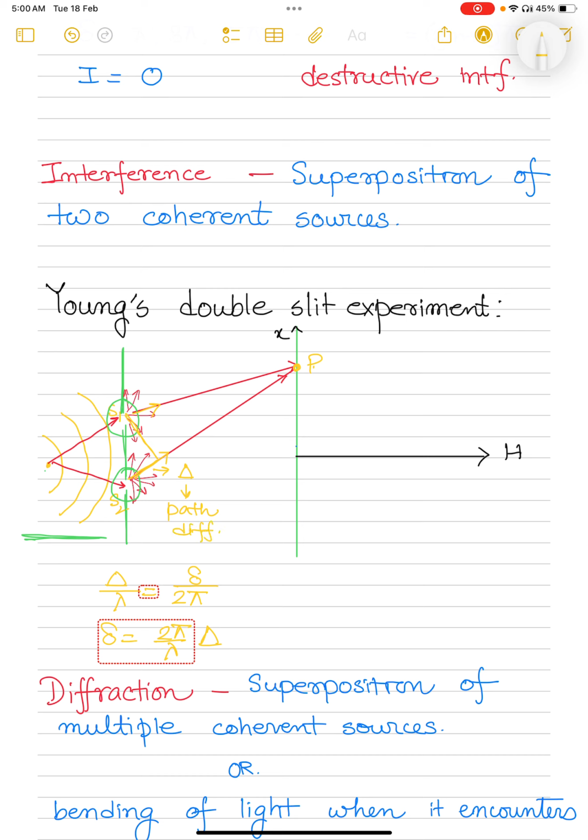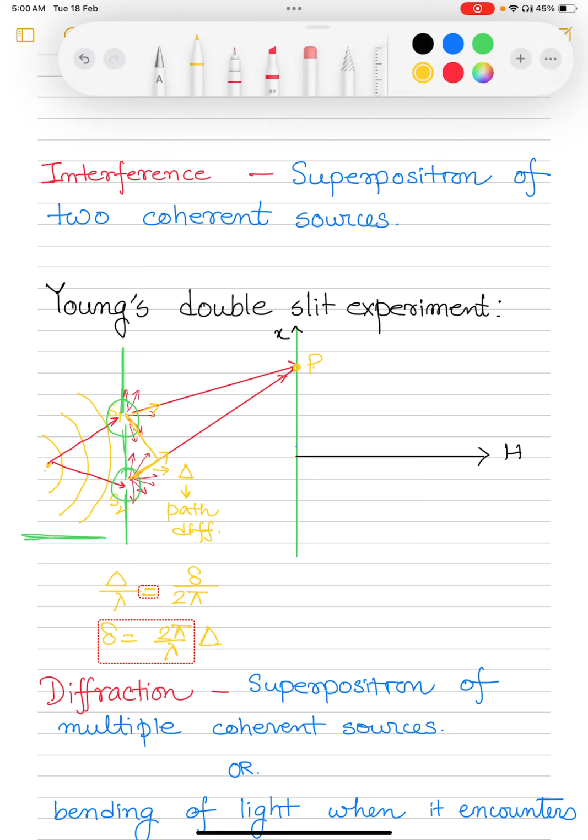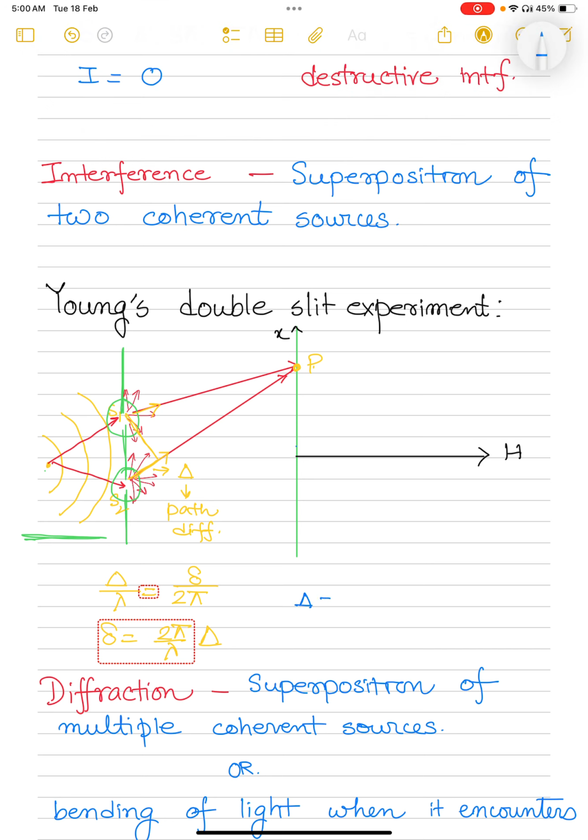Okay. So you can understand that if the path difference is lambda, 2 lambda, 3 lambda, etc., or n lambda, then we are going to get a constructive interference.